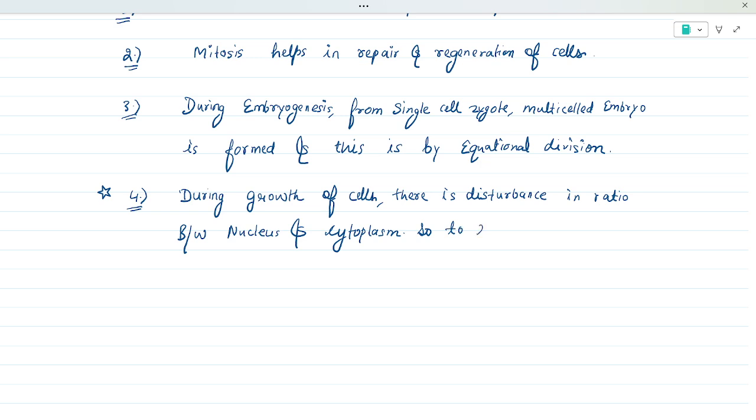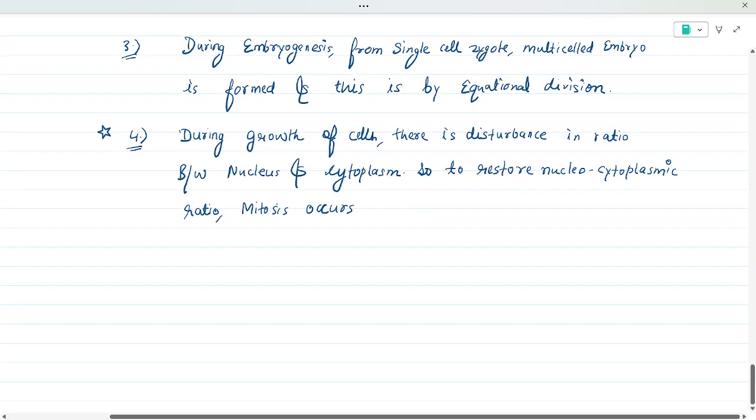so to restore nucleocytoplasmic ratio, mitosis occurs. This nucleocytoplasmic ratio is also known as karyoplasmic index.